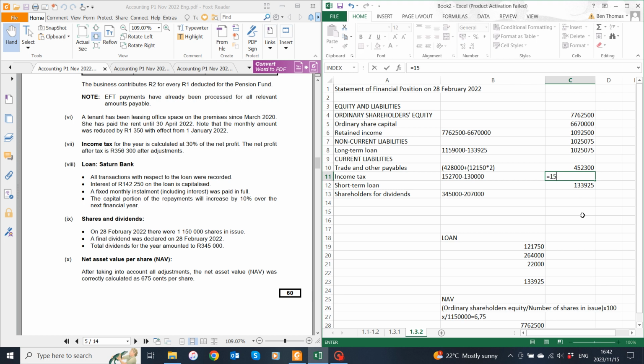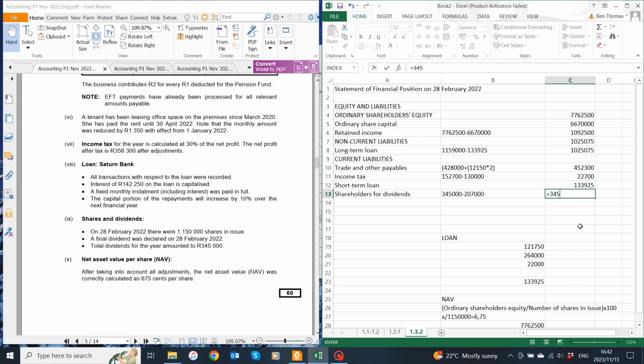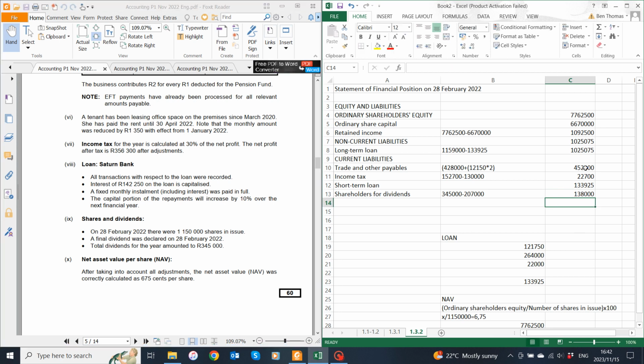So 152,700 minus 130. This entire amount here is equal to current liabilities. And if I use the sum function here, 746,925. So over here we write 746,925.